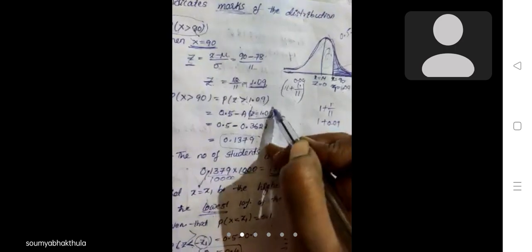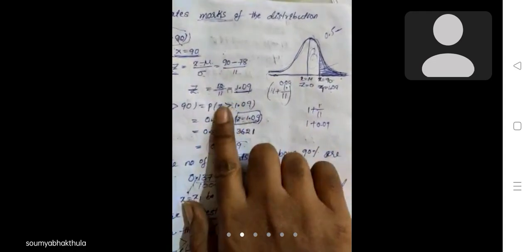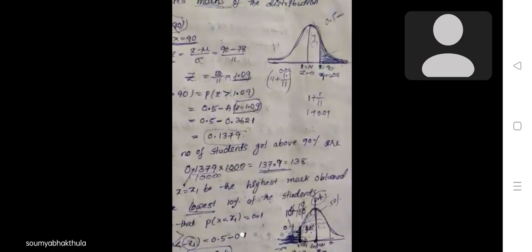What is the value? Here you have to look at the z value. Okay, the value is z, not area here. Area of z equals 1.09. Now look at here. Tell me, where is 1.09? The value of z, what is the area? I already showed that, sorry.